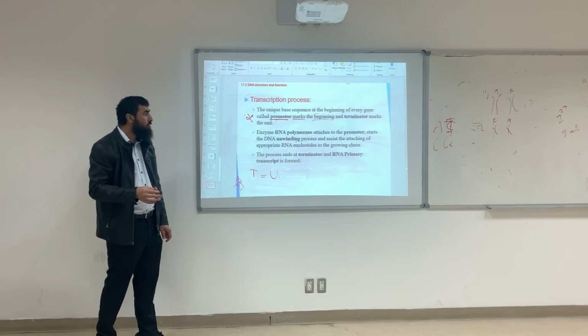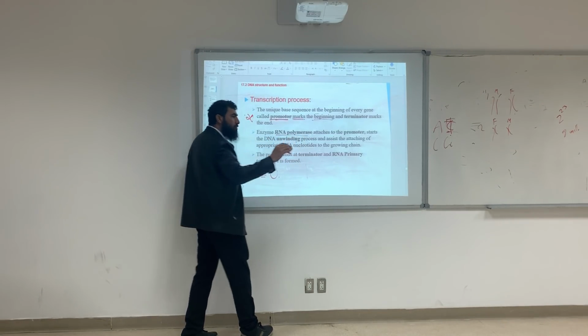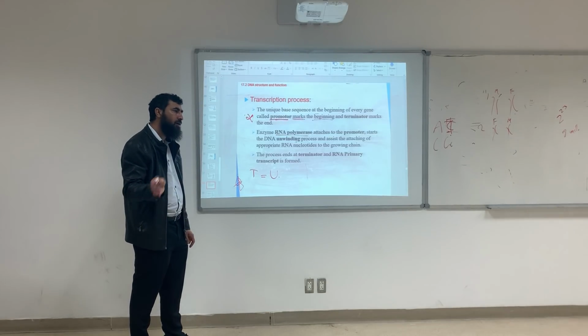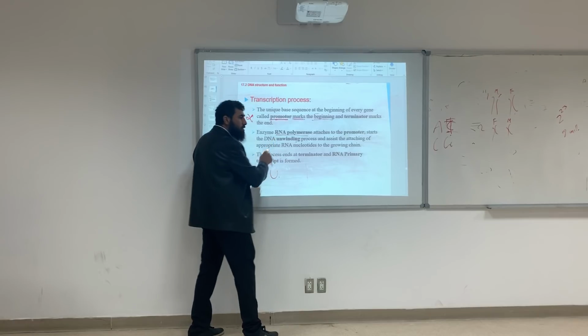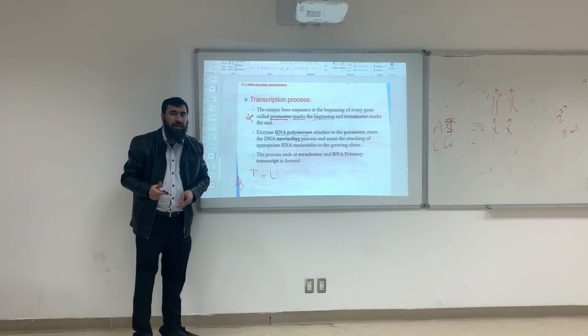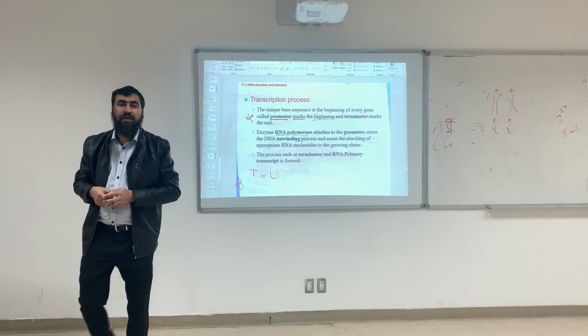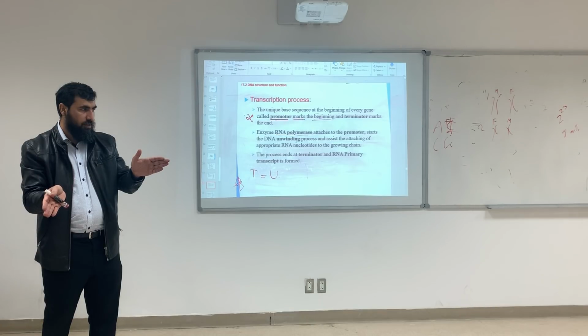The enzyme involved is called RNA polymerase. Remember, in DNA replication it was DNA polymerase; here it is RNA polymerase. RNA polymerase attaches to the promoter, and then it is important in unwinding that DNA.